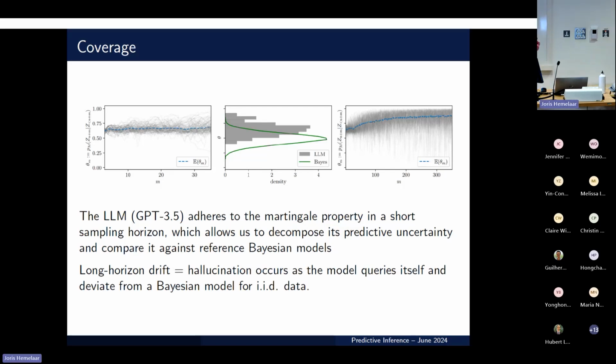If we really wanted to anthropomorphize, we'd say by talking to itself, it's creating information. That shouldn't happen. That violates what we would want from an inference process. So you just have to be careful in using LLMs in the context of exchangeable data.